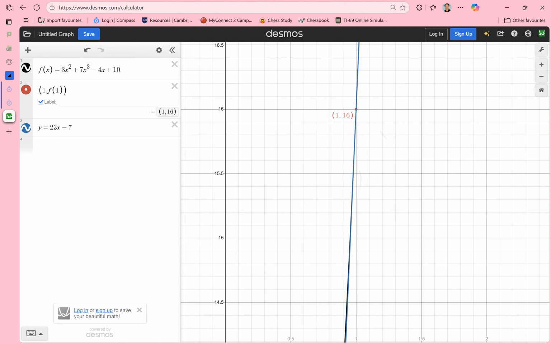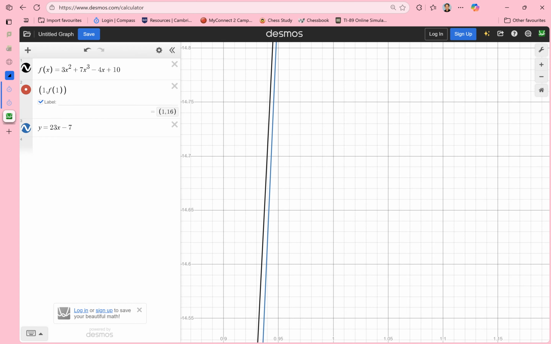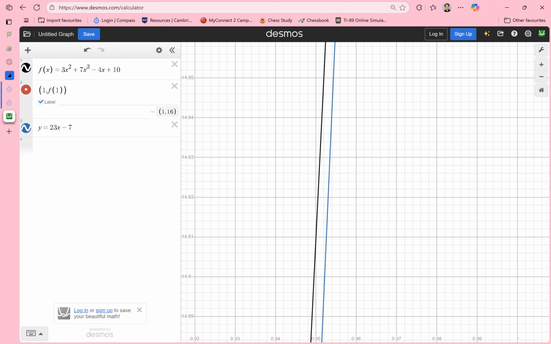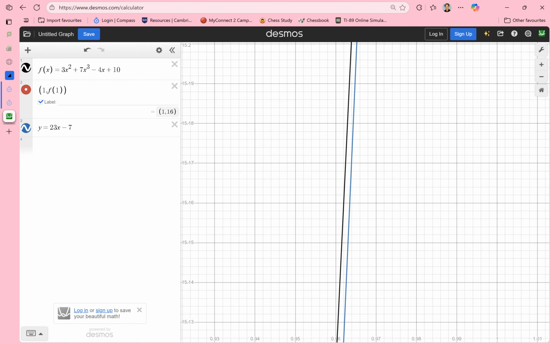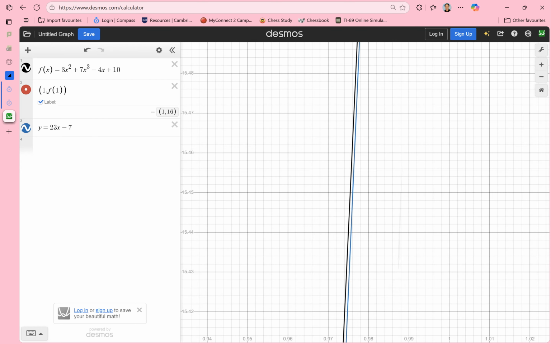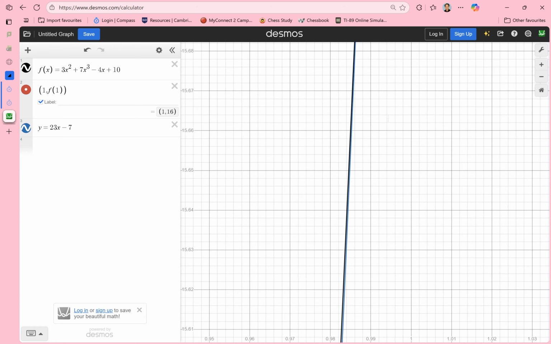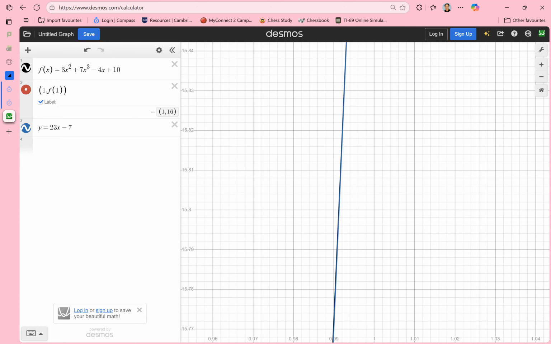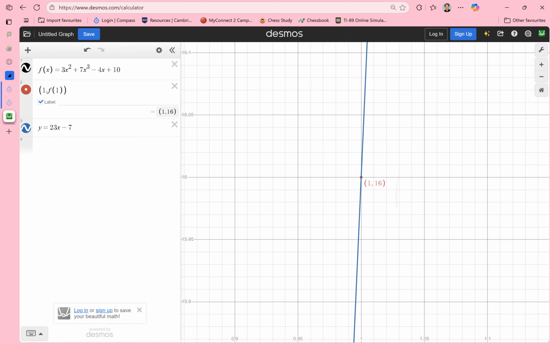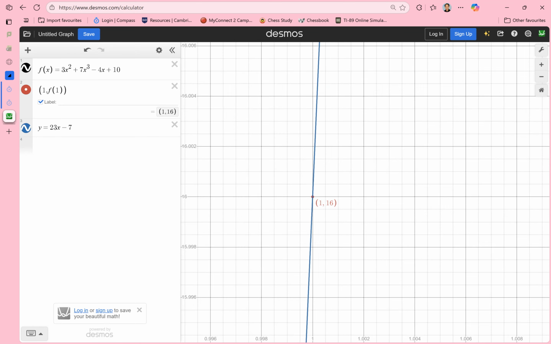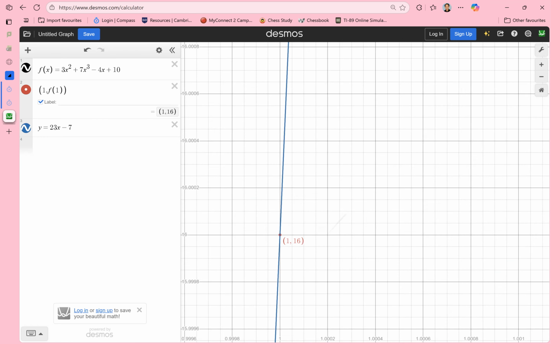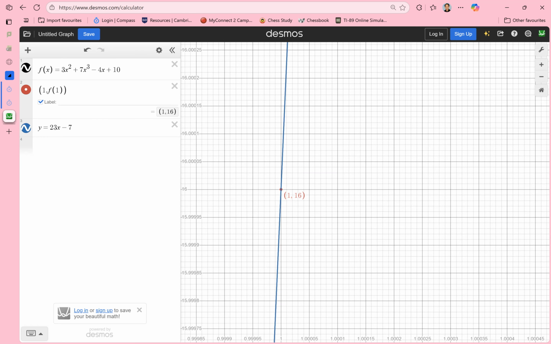If I zoom in, you can actually see the line does not intersect until it actually gets to it. It's taking so long to get there. I have to zoom out to see where it is. You see that? If you zoom in, it only touches exactly one point.